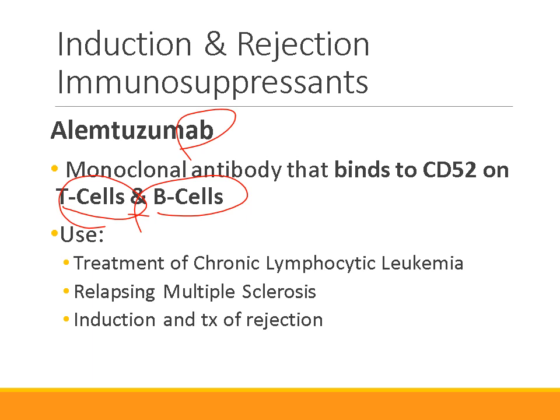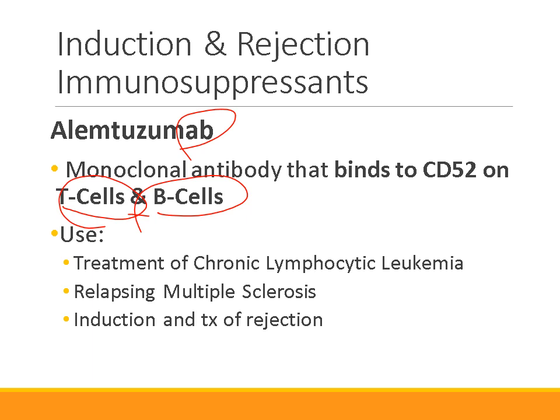This can be used for the treatment of chronic lymphocytic leukemia. It can also be used for relapsing multiple sclerosis. It can be used off-label as well for aplastic anemia. As far as rejection goes, it can be used for induction therapy, and it can also be used to treat rejection because it does deplete cell lines.